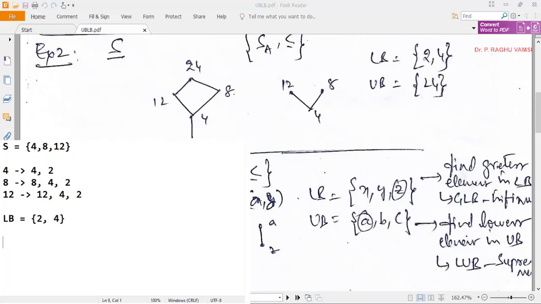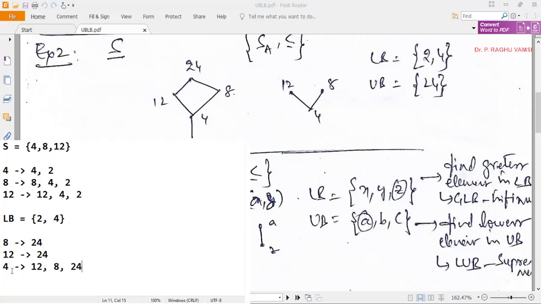In the same way, the upper bound. If you look at 8, what are the elements you can reach in the diagram? 24. With 12, what are the elements you can reach? 24. With 4, what you can reach is 12, 8 and 24.